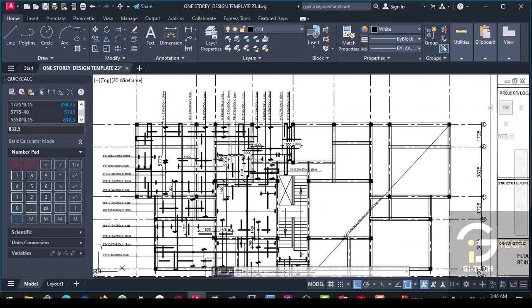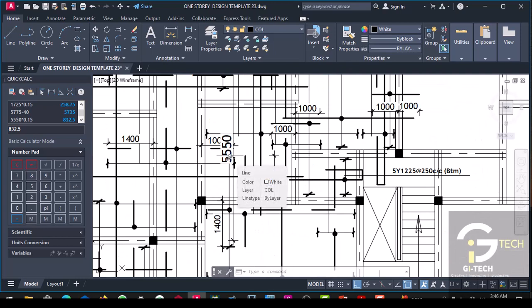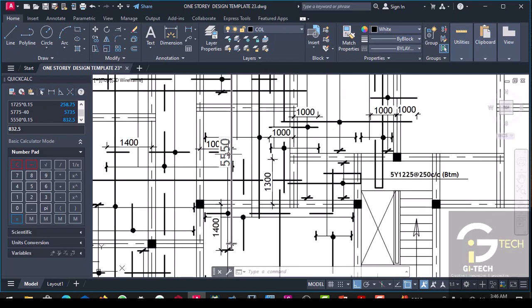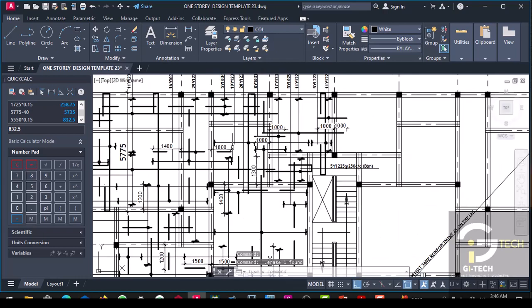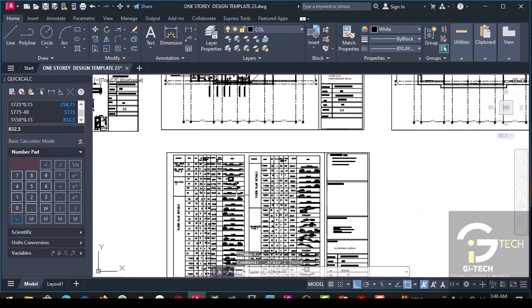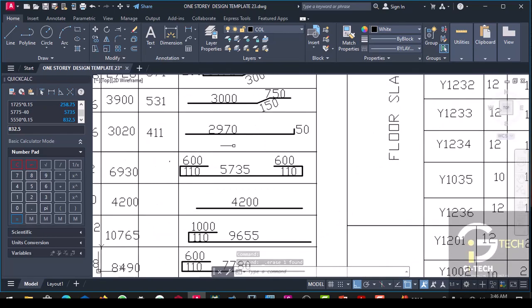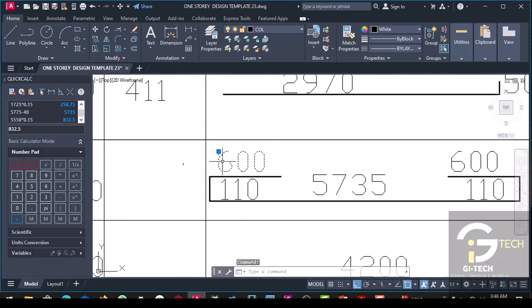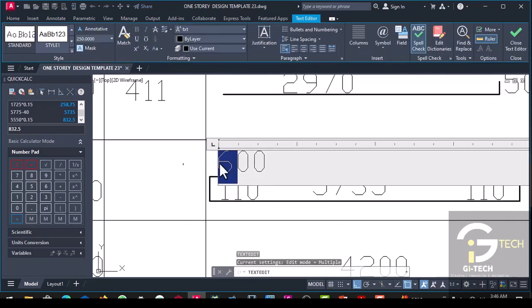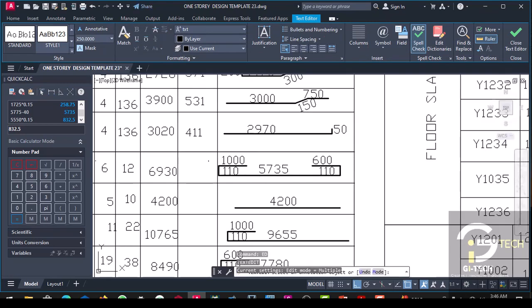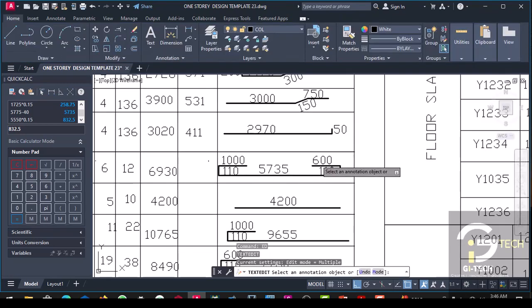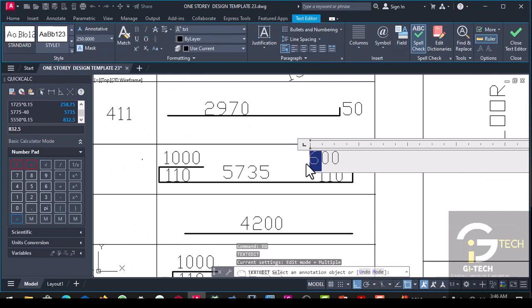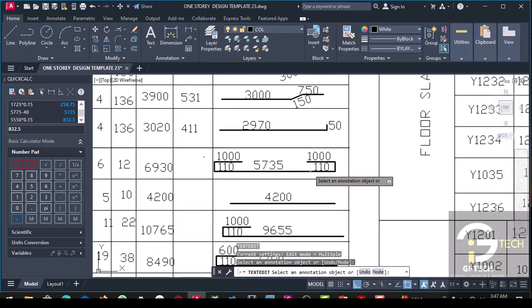Now we are doing this in order so that we can avoid wasting of the reinforcement. This is a practical design. So here we are going to adopt 1000 as the length of the returning bar. So here we use 1000, and also 1000.